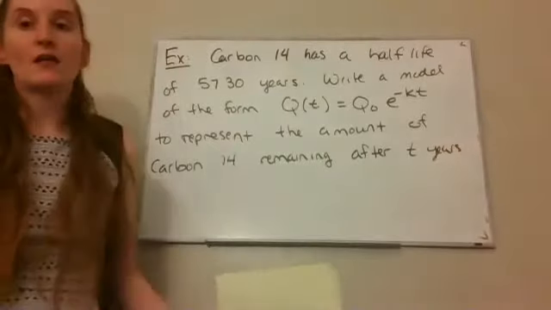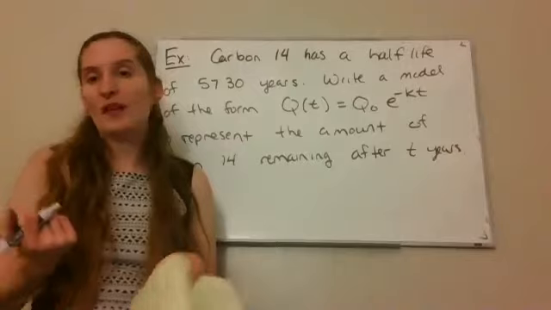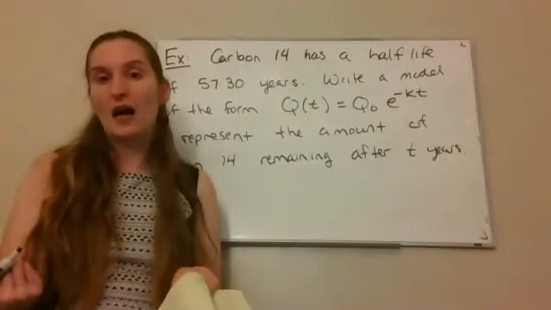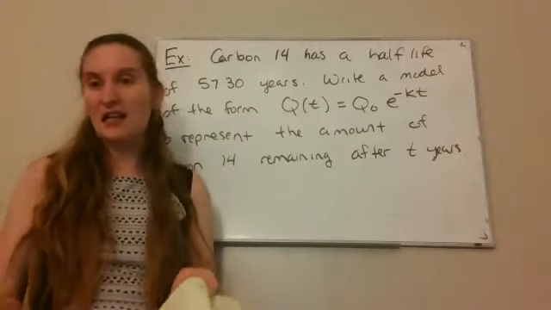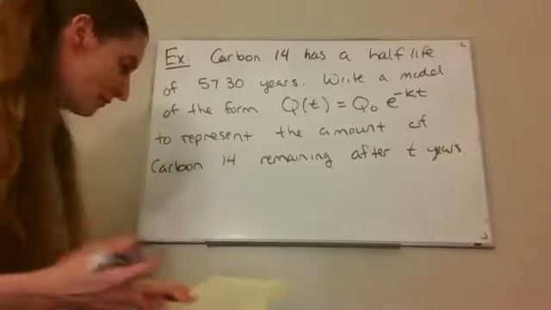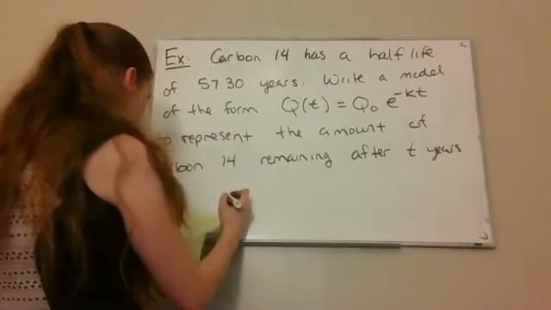So what we're doing here is using the half-life of carbon-14 to write an equation that will help us figure out how old an object is based on how much carbon-14 it still has in it. This is called carbon dating. So we have to first figure out how to write this formula.